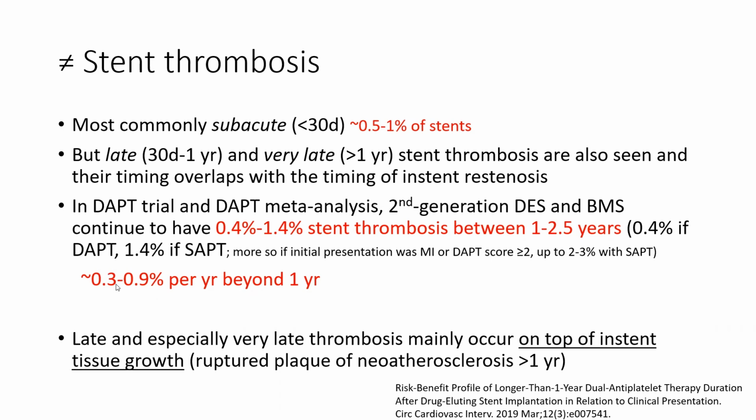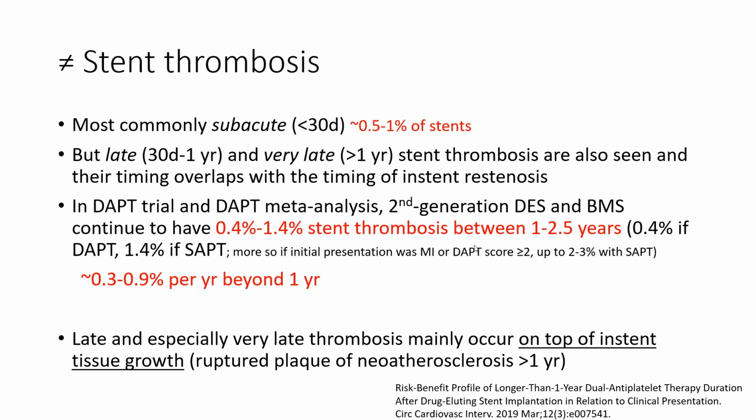The 0.3% was if you do use dual antiplatelet therapy, 0.9% if you use single antiplatelet therapy. But that risk also varies with the initial presentation. If your initial presentation was MI and you have underlying unstable plaque, you're more likely to have long-term risk of stent thrombosis and very late stent thrombosis. If your DAPT score is 2 or more, you're also erring more on the higher end.